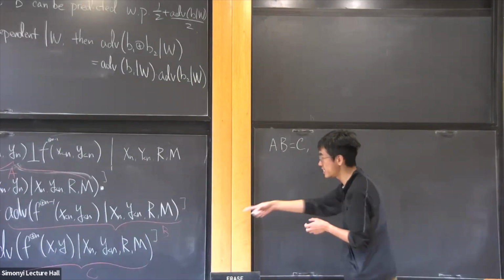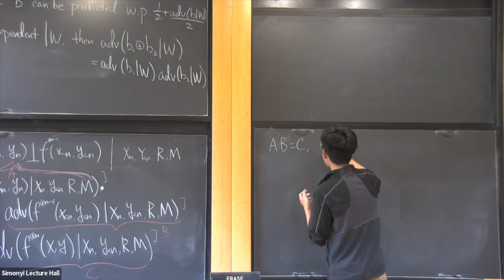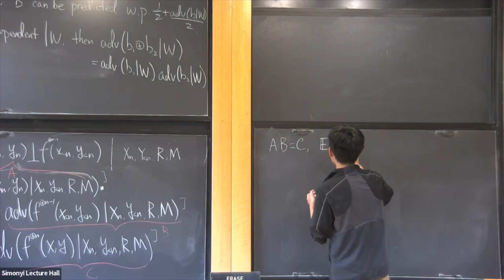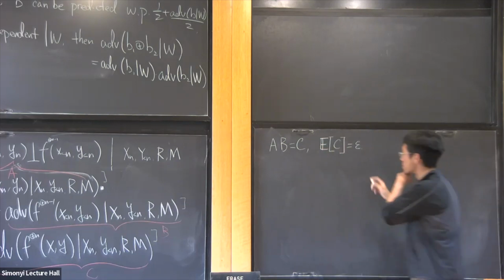Suppose C is related to the advantage of pi, and that's some very small number. Let's say the expectation of C, which is related to the advantage of pi, is some very small number epsilon.